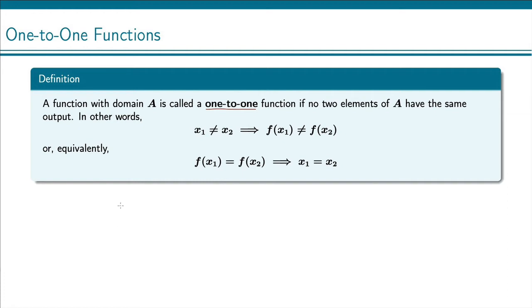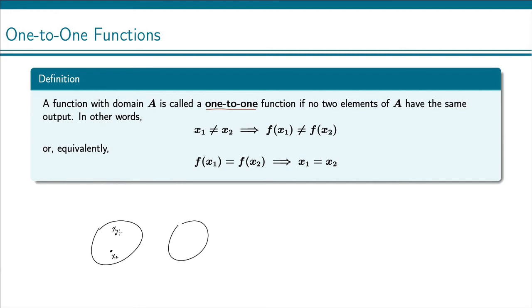I'm going to go ahead and draw a diagram so that we can see this in a different light. So we're going to start with a domain and a range. First of all, I've got an x1 here and an x2 here.